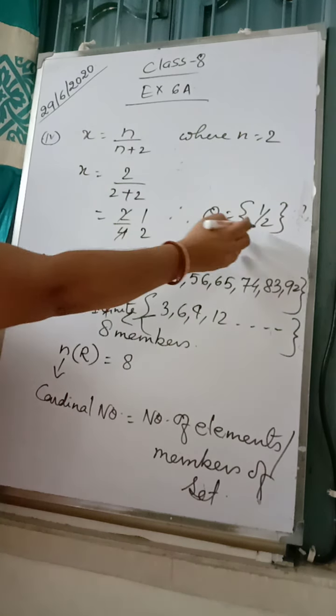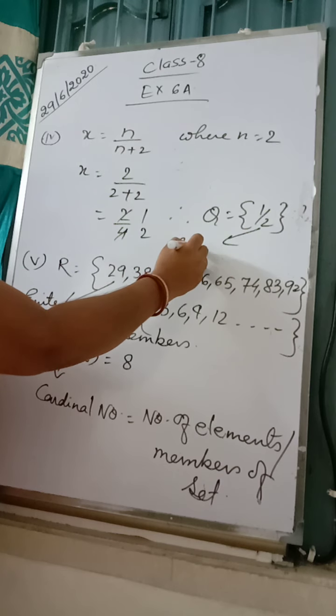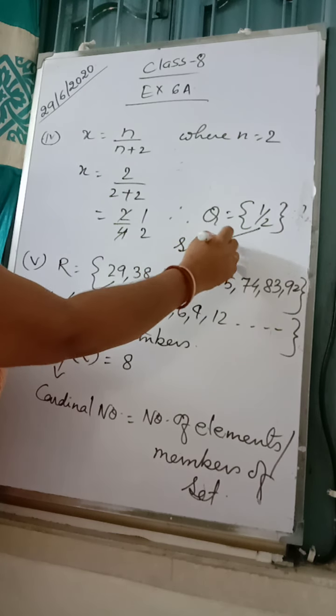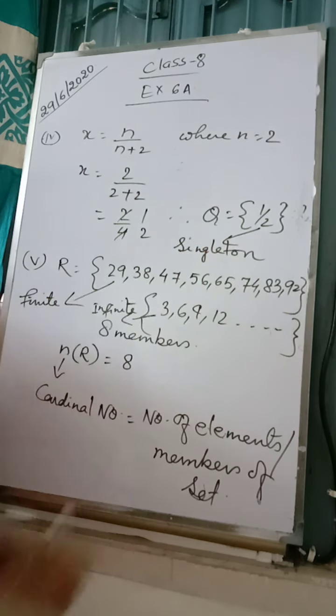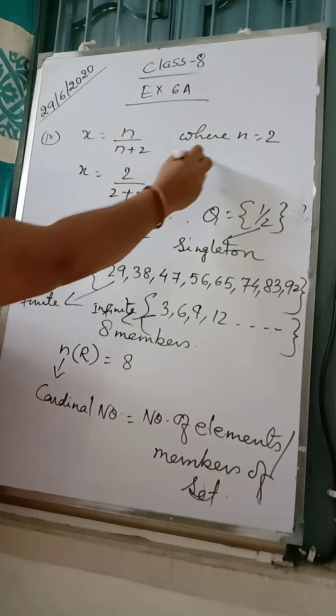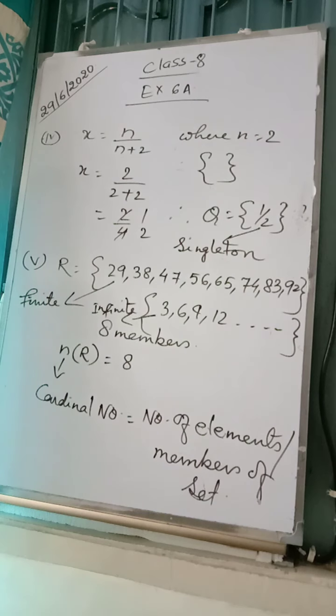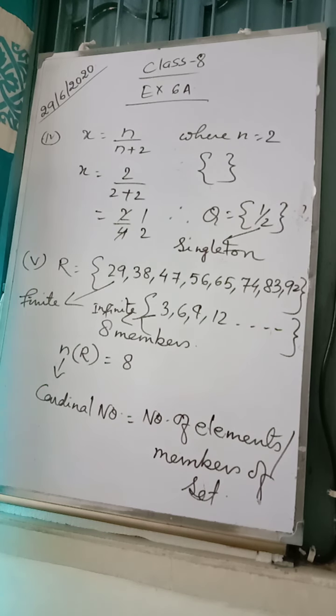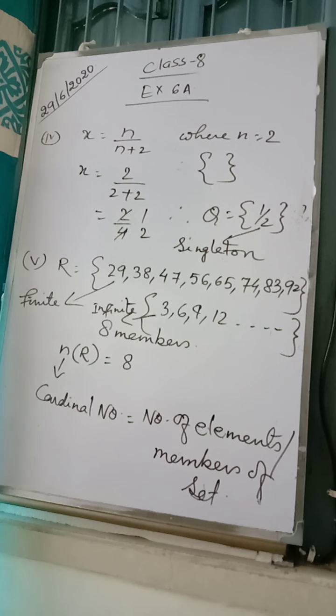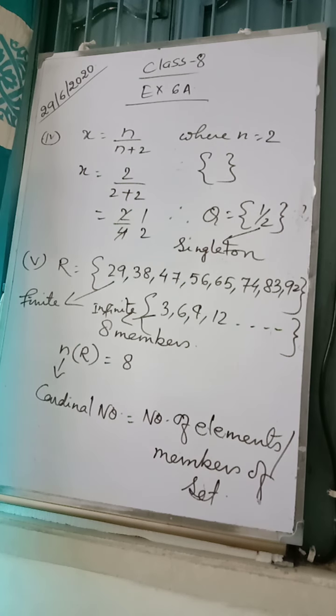If it has one member, this is called singleton. Only one member. And if there is no member at all, there are sets which do not have a member, that is called empty set or null set. So we have 4 types of set. Finite set whose members are countable. Infinite set whose members are not countable, which goes on, which is not ending.